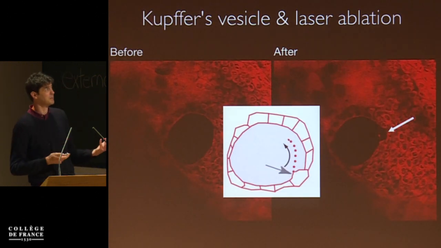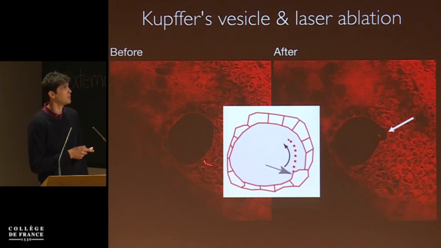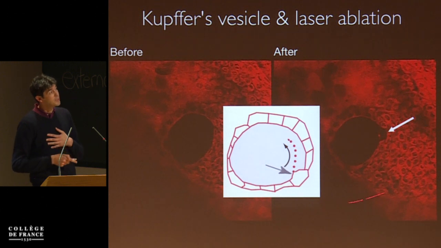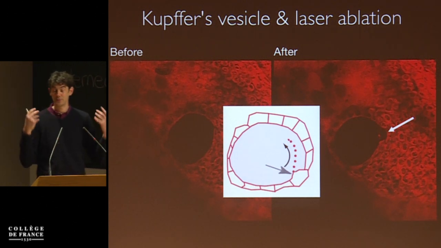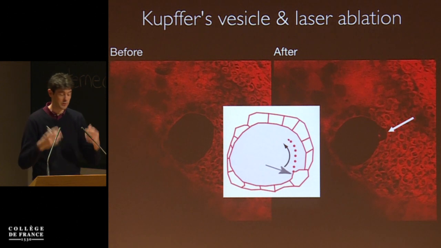And our idea was very simple. We could just come, laser ablate one of these cells, and create a hole. The cells are in contact with a dye that labels all the cytoplasm, so we just release the cytoplasm, which is fluorescent. If we are lucky, we'll have some particles that we can track.